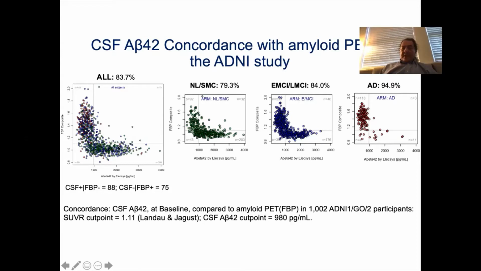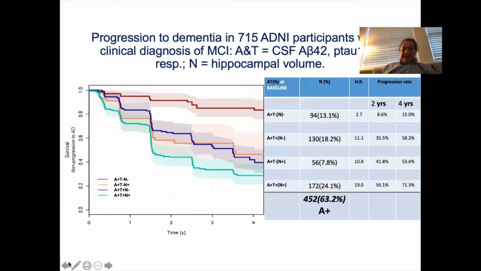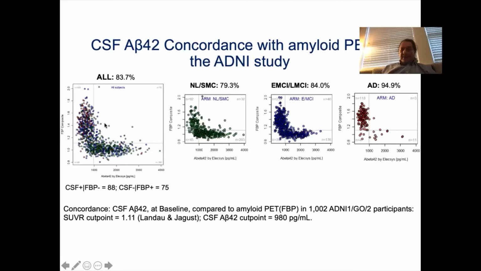And people who are amyloid negative by PET, who are low, also are negative by CSF. There are a few people here who are outliers who are either positive with one or positive with the other.